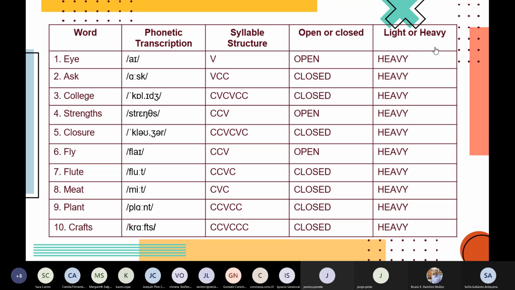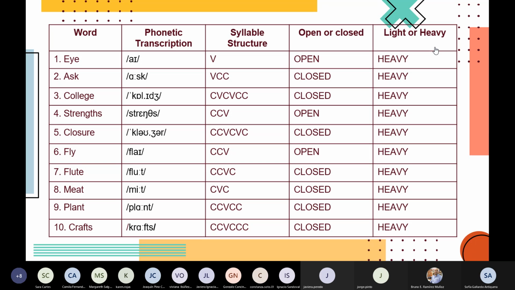That is going to be a light syllable. And for example, in the word on, which is also a one-syllable word, like turn on the lights, we have the vowel sound as the nucleus, and to the right a consonant sound, which is going to be considered the coda of that syllable. So in that case, that's also going to be considered a light syllable.